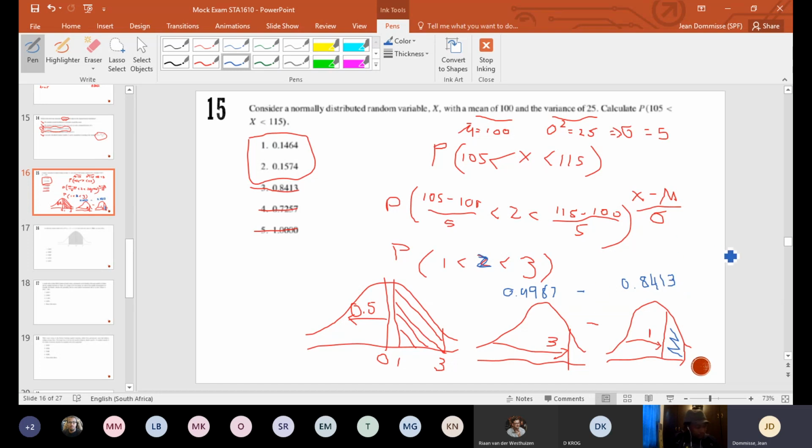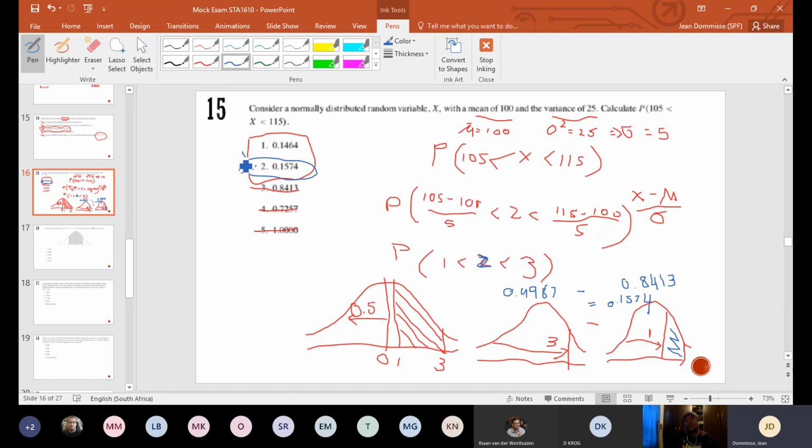If we subtract those two from one another, 0.9987 minus 0.8413, we get 0.1574. And then we know option 2 is the correct one.